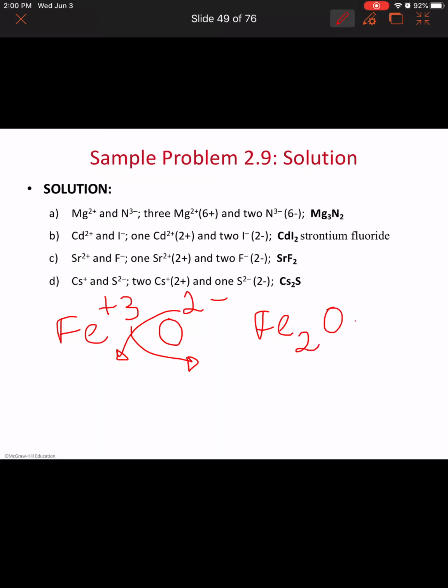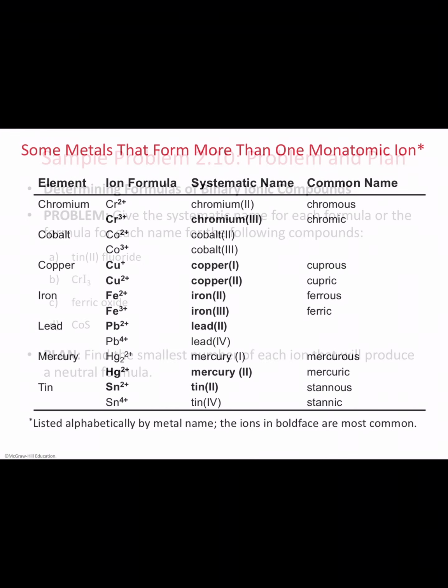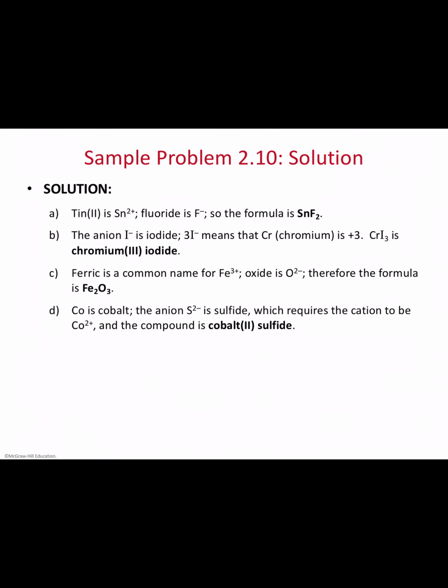Now you need to write the formula. You figure out the charge and then you crisscross the charges, and that will make it Fe2O3. So ferric oxide is going to be Fe2O3.